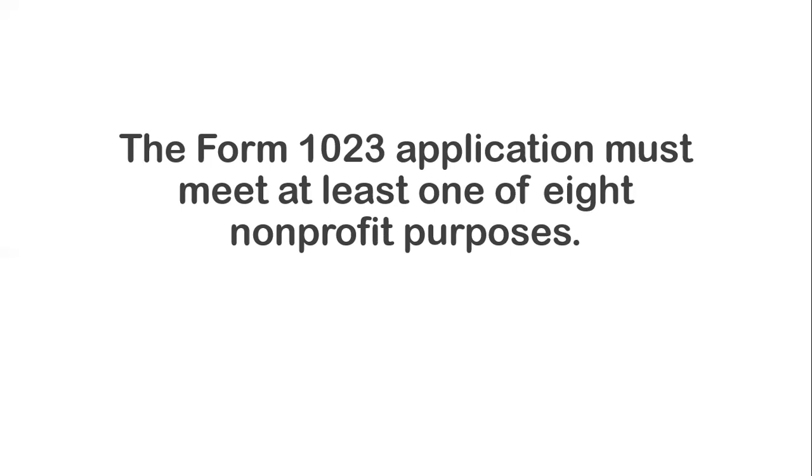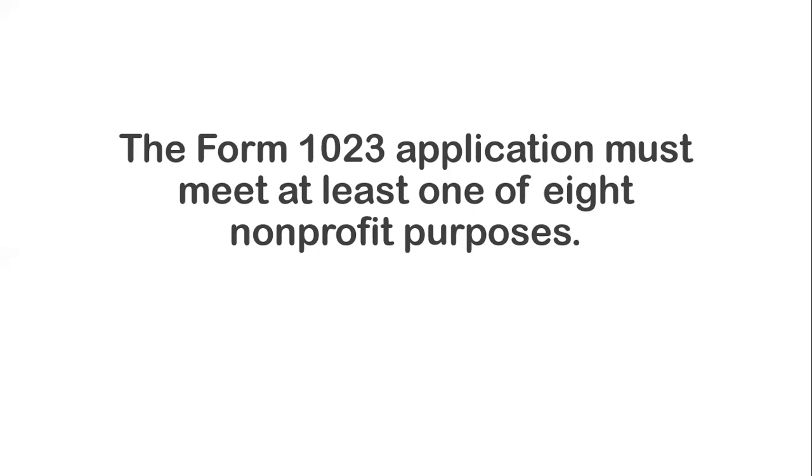Now, the most popular purposes are charitable purpose, a religious purpose, or an educational purpose. So if your nonprofit vision, if you will, falls into one of those 3 nonprofit purposes, then that means you can apply for 501c3 status using the Form 1023.